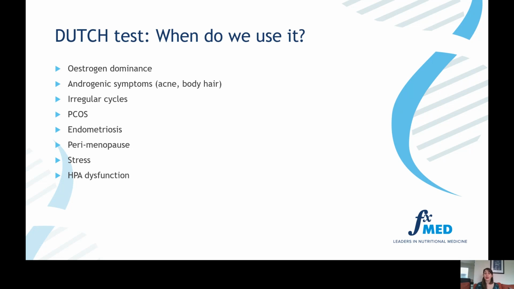The cortisol awakening response in DUTCH Complete acts like a mini stress test, and HPA dysfunction. We can also use it to assess insomnia. There is an add-on middle-of-the-night test that can show us what melatonin levels are like in the nighttime, and that's really useful as well.